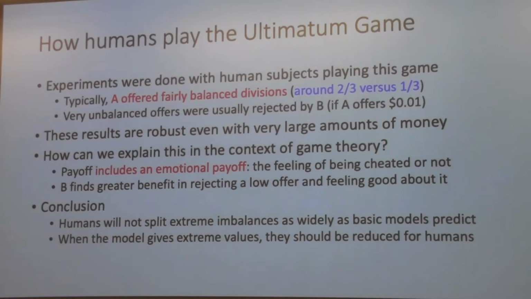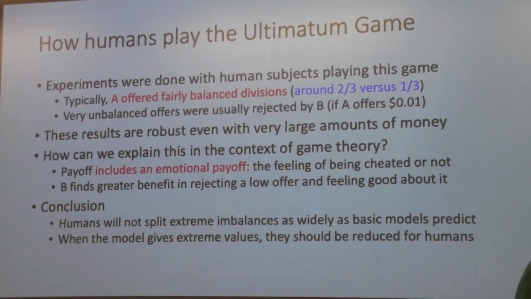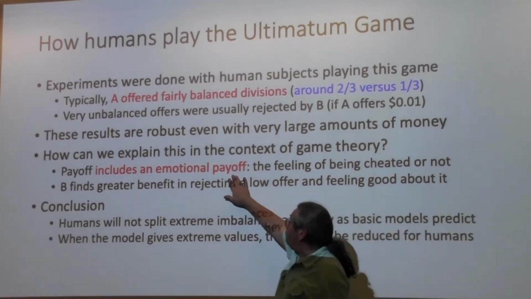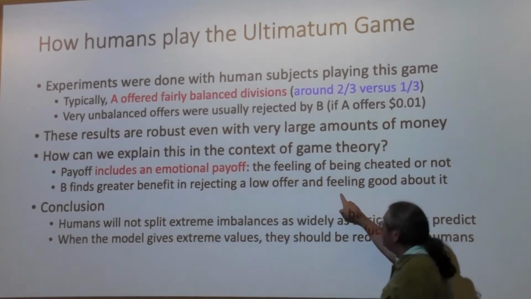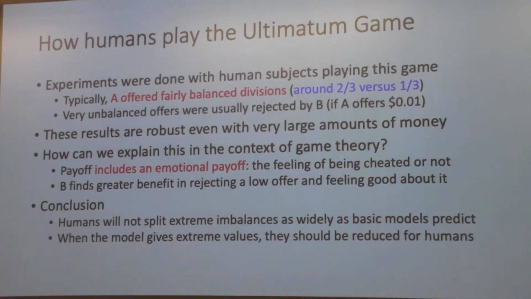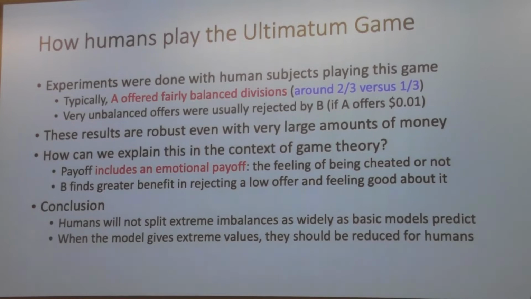So if A offers 1 cent out of $1,000,000, B is going to say, no way, go away. And A gets nothing. And so B is very, very satisfied. So this means that there's kind of an emotional payoff. B gets a greater benefit in rejecting a low offer and feeling good. B expects to be treated fairly.